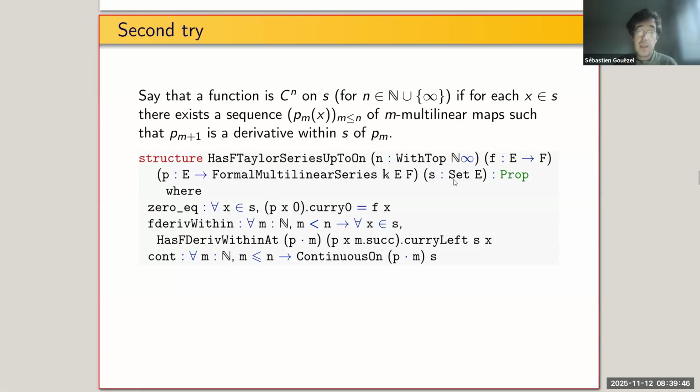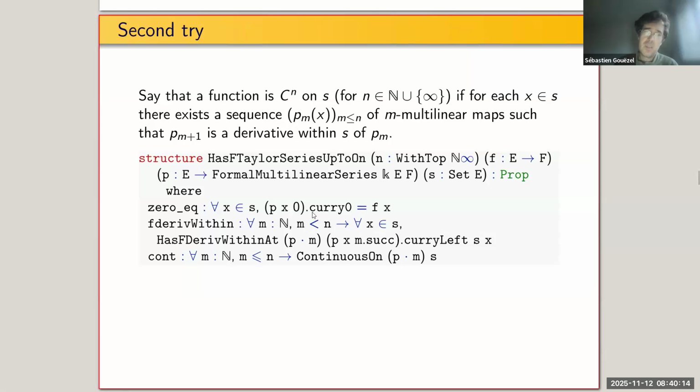And so I will say that f has this sequence Pm as a Taylor series up to n if first, at step 0, P0 coincides with f, and then at each step before n, Pm has Pm plus 1 as a derivative.